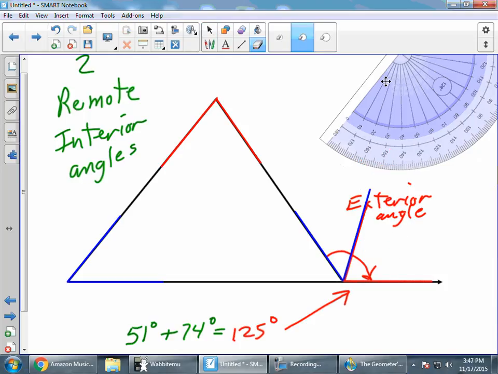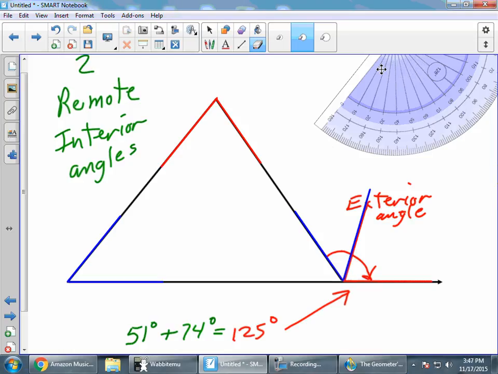I don't need my protractor anymore. And that's wicked cool. Wicked cool. I can tell you're rolling your eyes right now. 74. And together, they equal 125 degrees. 125 grados. Cool. And they are congruent.